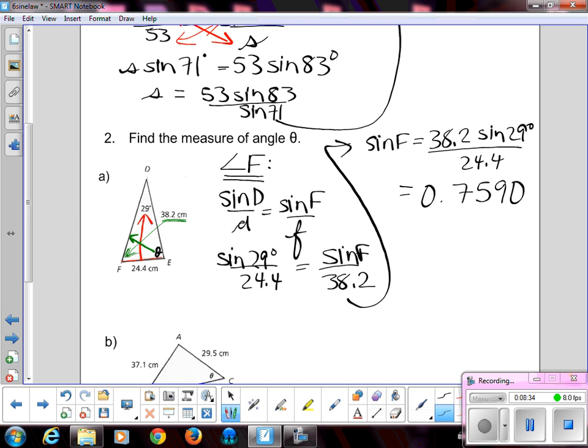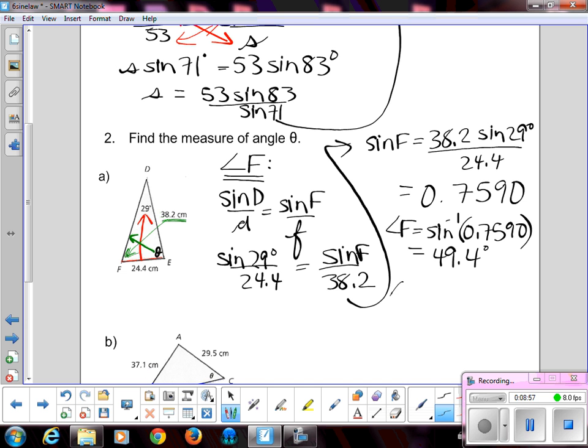Now that's an awful small angle. Well, guess what? It's not the angle, it's actually just the ratio. So in order to find angle F, I have to do the sine inverse. And when we do that, we end up with approximately 49.4 degrees. Now remember, that's not what we were asked to find. We're actually asked to find theta.